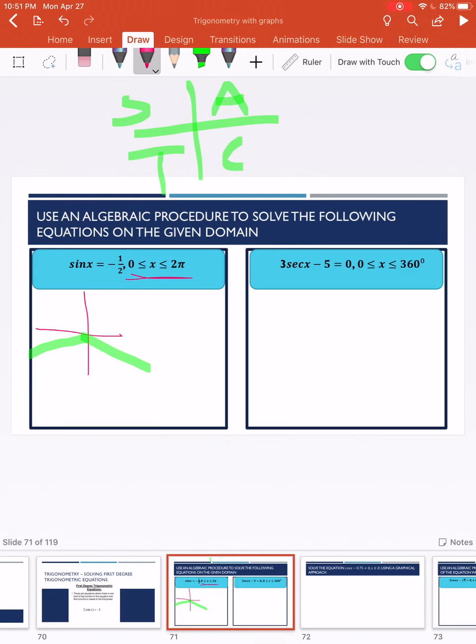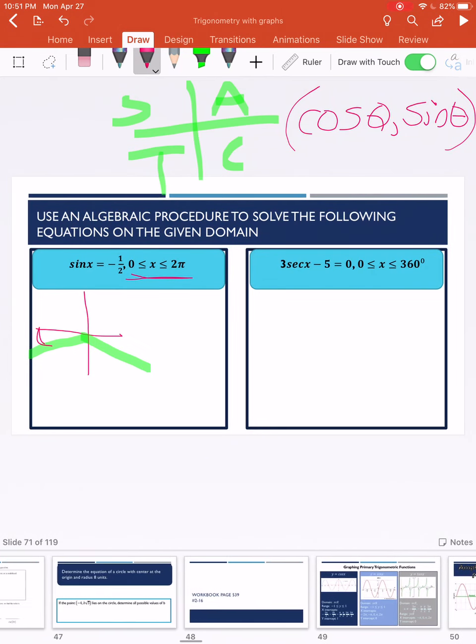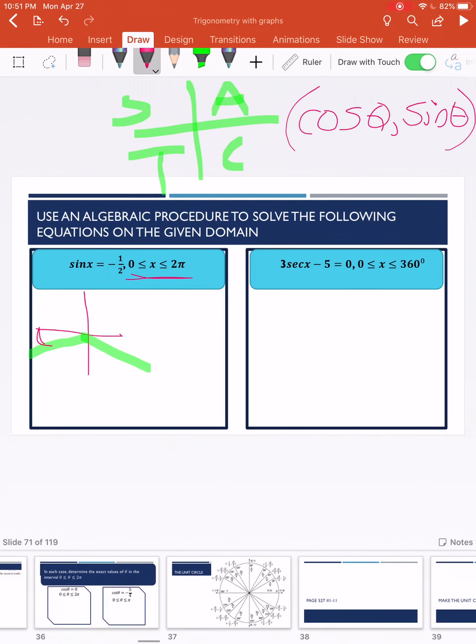If you use your unit circle, remember that the ordered pairs are written as cos theta, sine theta. I'm even going to quickly go back to a unit circle. There it is.